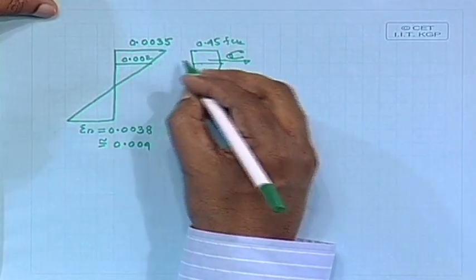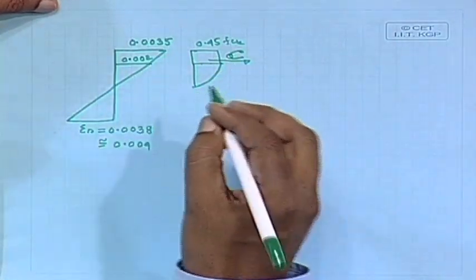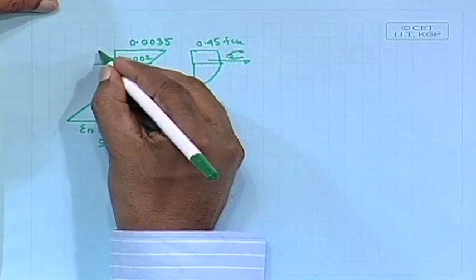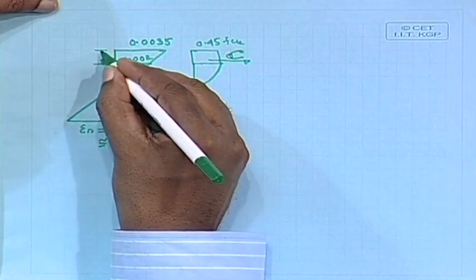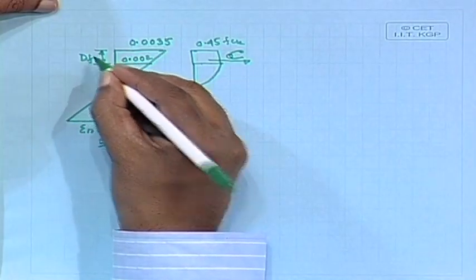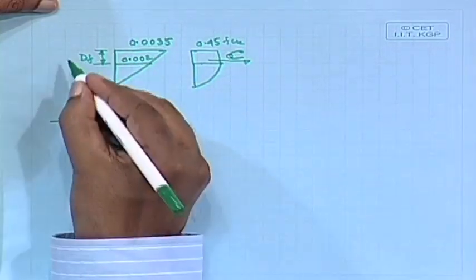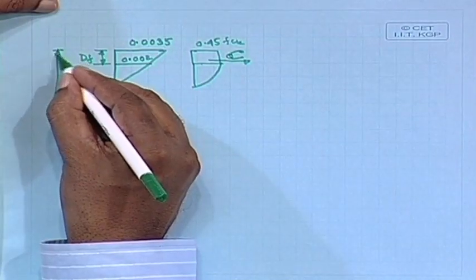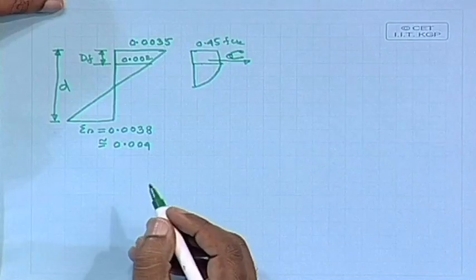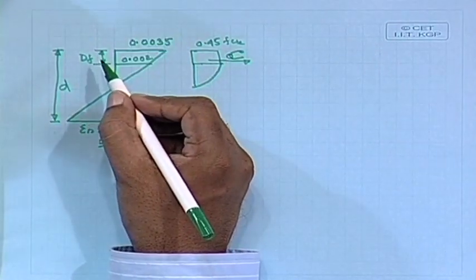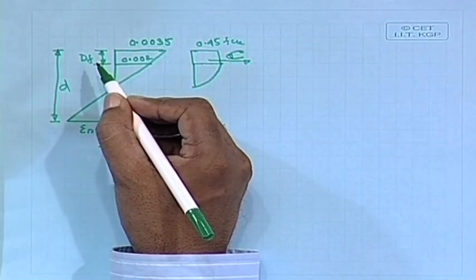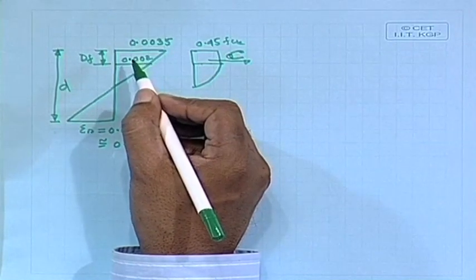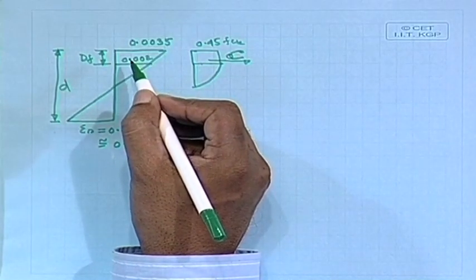Our question is, let us say this is dF. What should be the maximum dF possible, and this length is the effective depth d. So, we have d, and dF is the depth of the flange or depth of the slab.